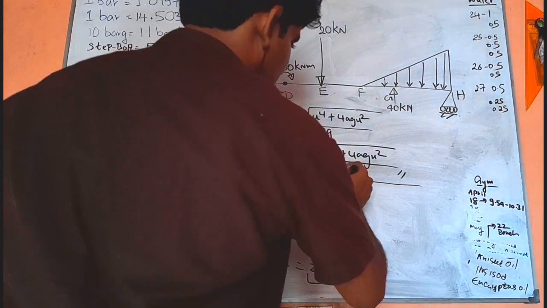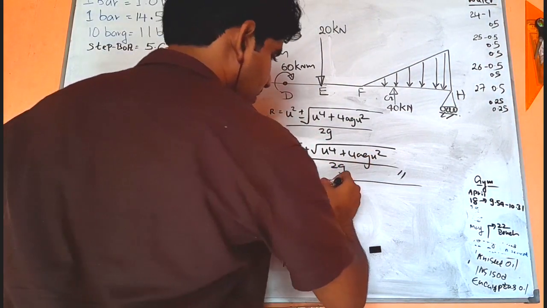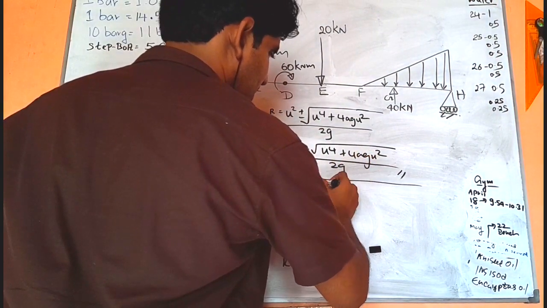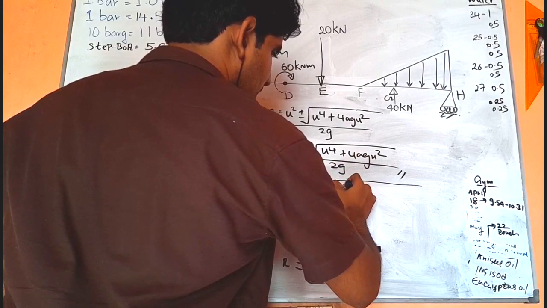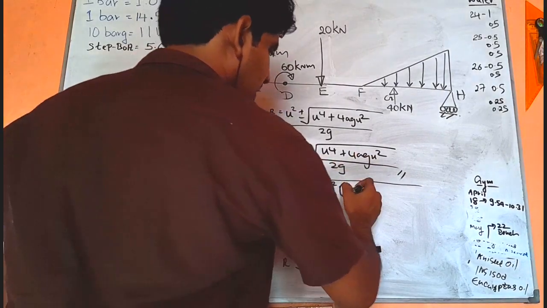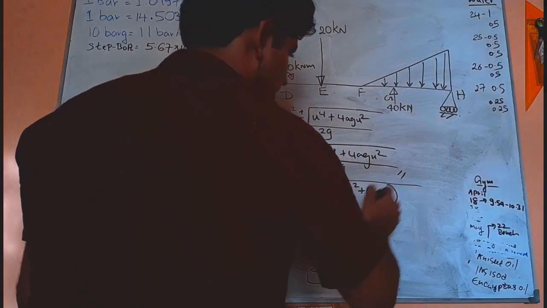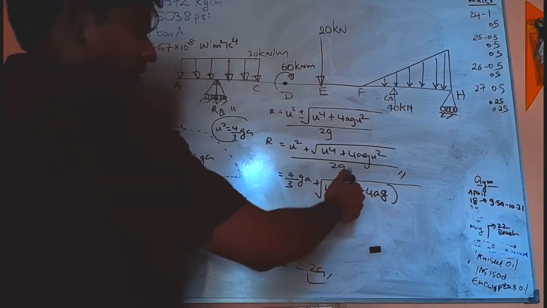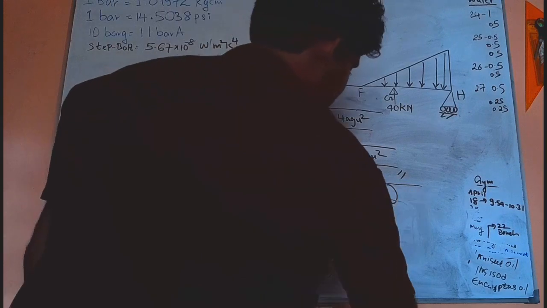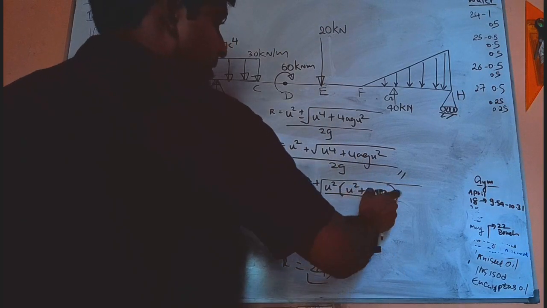Here it doesn't matter. Take u squared as a factor, that means u squared times u squared plus 4ag.